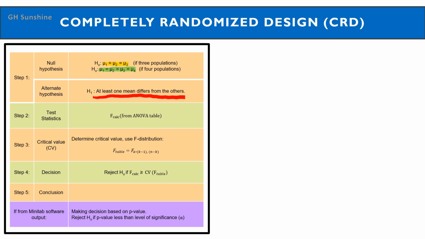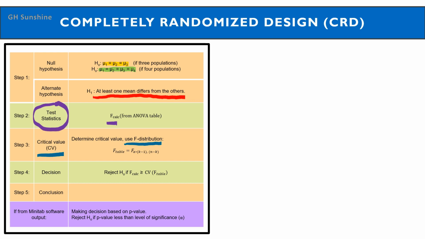Second step, calculate the test statistic. We will calculate F calculation from the ANOVA table. Step number 3, find the critical value from the F table. When we calculate F calculation, we will find the critical value from the F table.